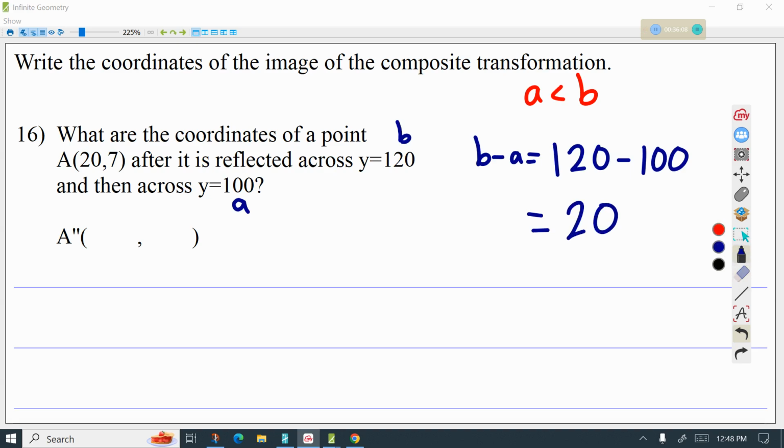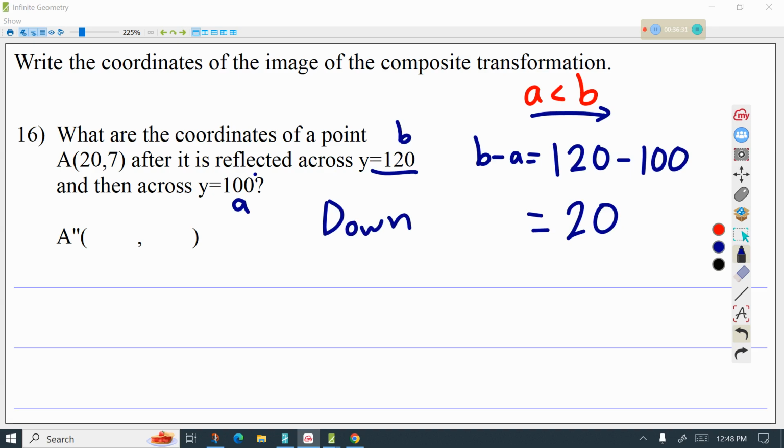So think about it. Are we going up or down in this situation? Well, look, we did the bigger number first, and then we did the smaller number. And every other time we've always been going from smallest to biggest when we reflect. So this means we're not going to go up. This won't push us up. This is going to push us the opposite direction. This is the one that pushes us down.